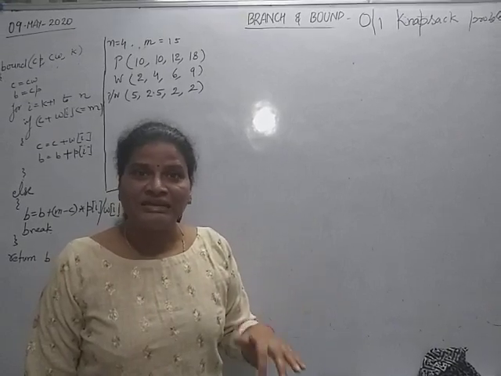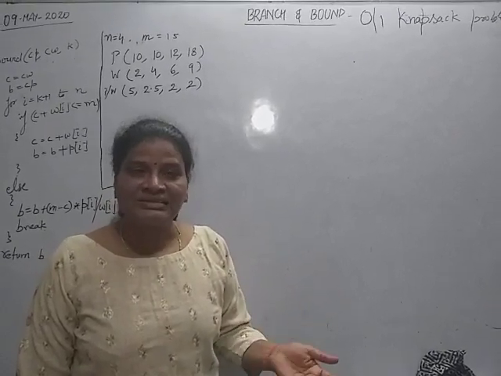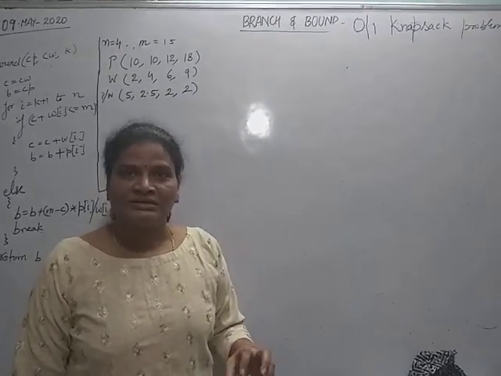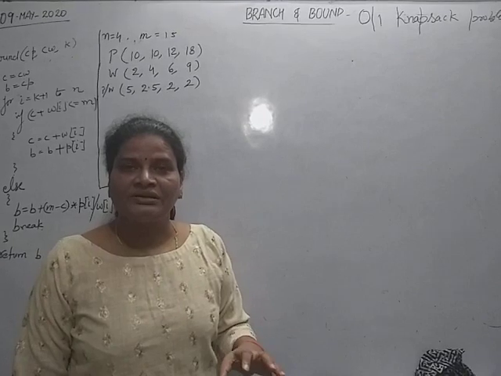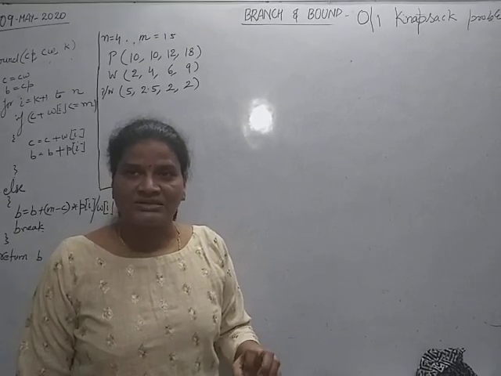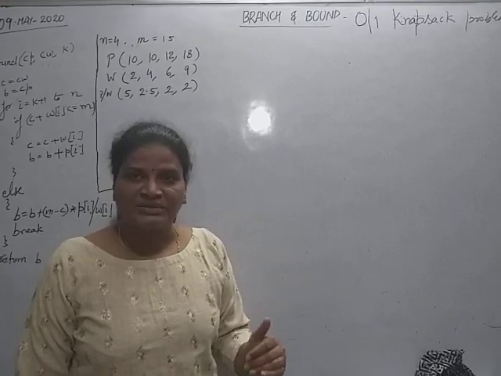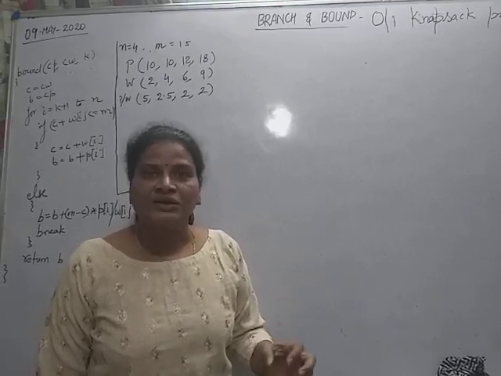The same in LIFO, the last live node will become the next E node. So the objective of the least cost search is to speed up the searching of an answer node.